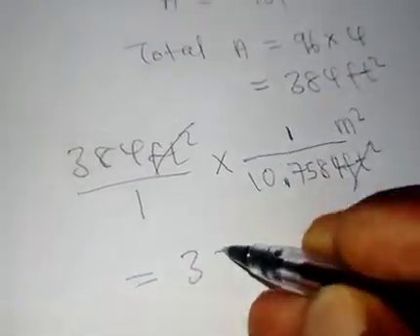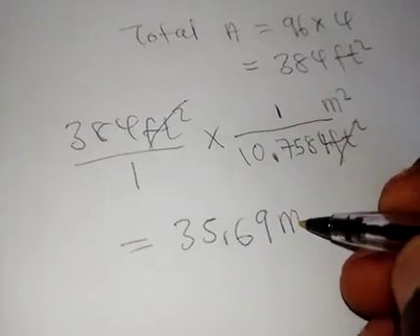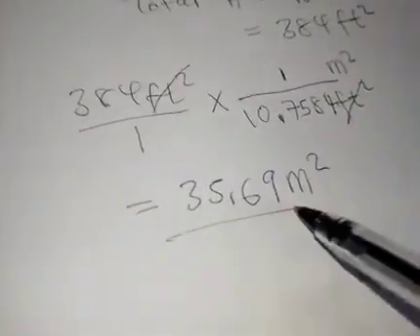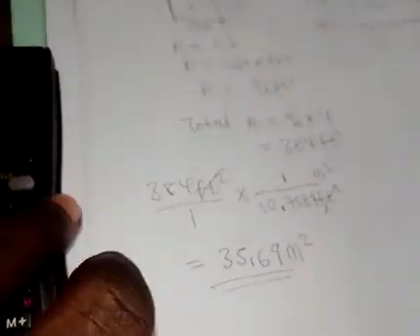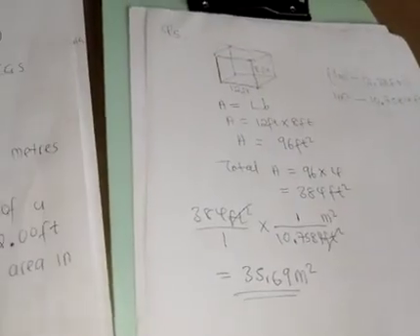So we have 35.69 meters squared. That's the final answer. That's the concept, so I hope you get the concept for that question.